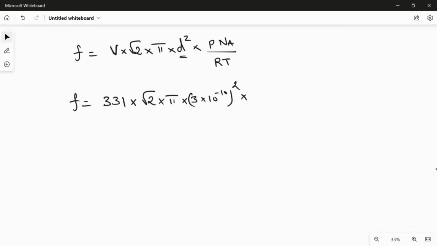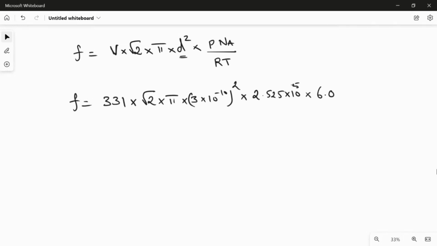Multiply with the pressure. We already converted the pressure in terms of Pascal, so 2.5 atm converts to 2.525 multiply 10 power plus 5, and multiply with Avogadro number. What is Avogadro number?